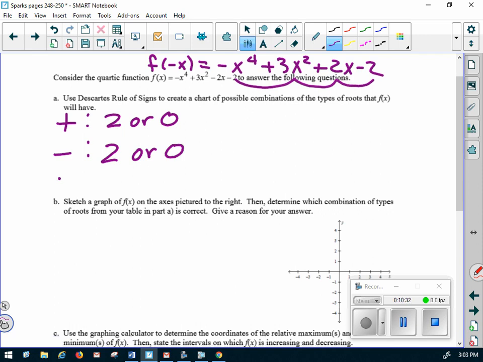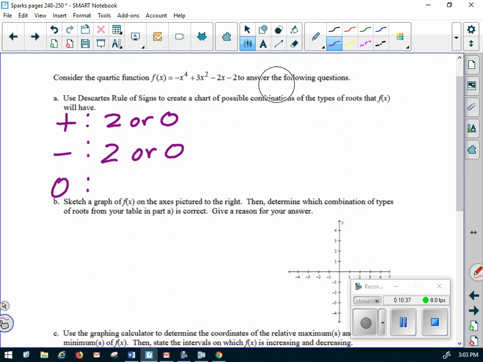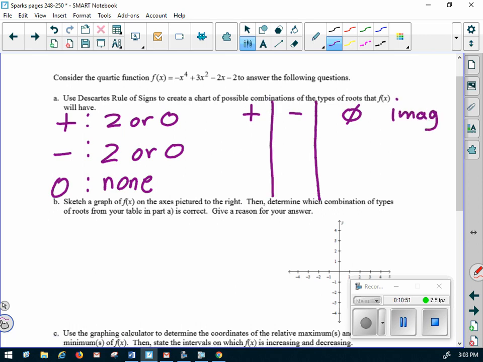Now, is 0 a root? Do I have a GCF that's x to a power? Nope. So let's write our chart. Positive, negative, 0, imaginary. I could have 2 positives and 2 negatives.